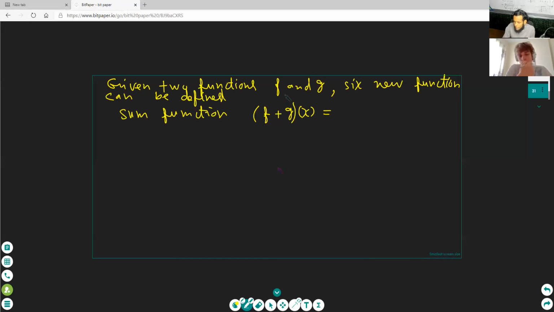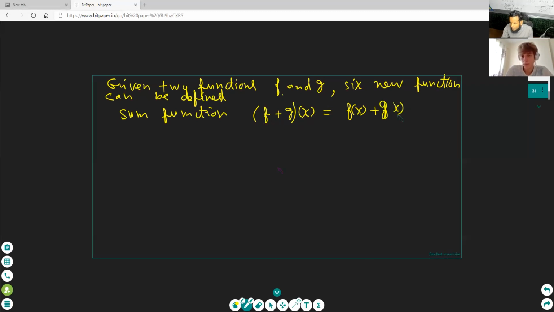The f value can be denoted by f of x and the g value can be denoted by g of x. So f plus g is the sum function, and its formula is f of x plus g of x.